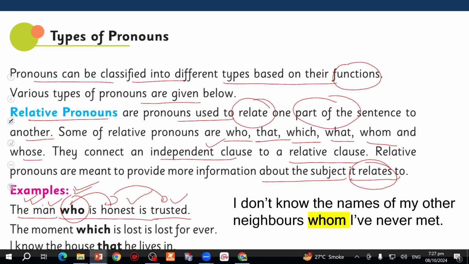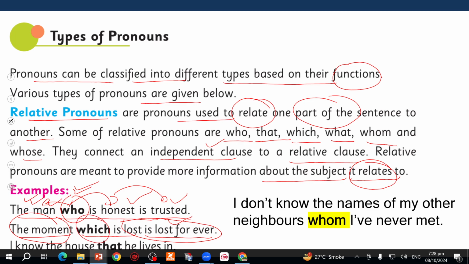Now, we did not use which or that because we are referring to one subject, and that's why we are using who. The moment which is lost forever. We are talking about which moment? The moment that is lost. So, the moment which is lost is lost forever.